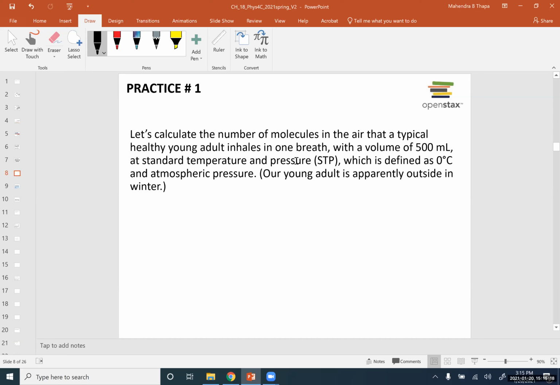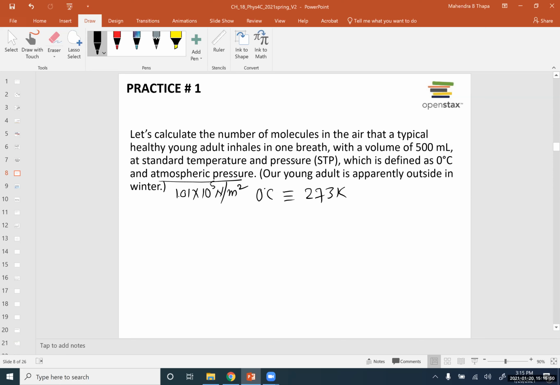Standard temperature and pressure is defined here as 0 degrees Celsius and atmospheric pressure. 0 degrees Celsius is equal to 273 kelvin, and one atmospheric pressure is roughly 1.01 × 10^5 newton per meter squared.